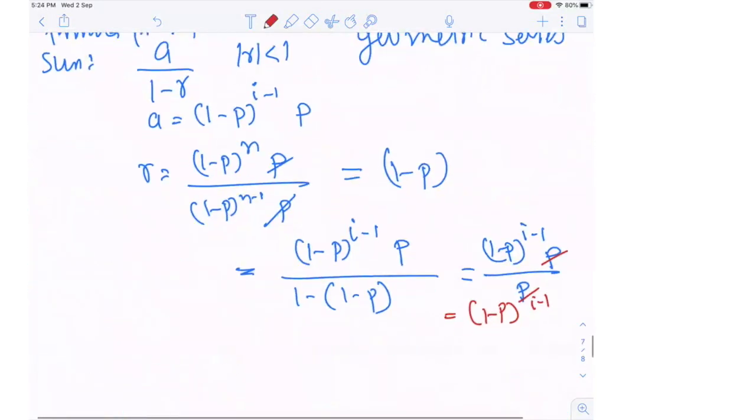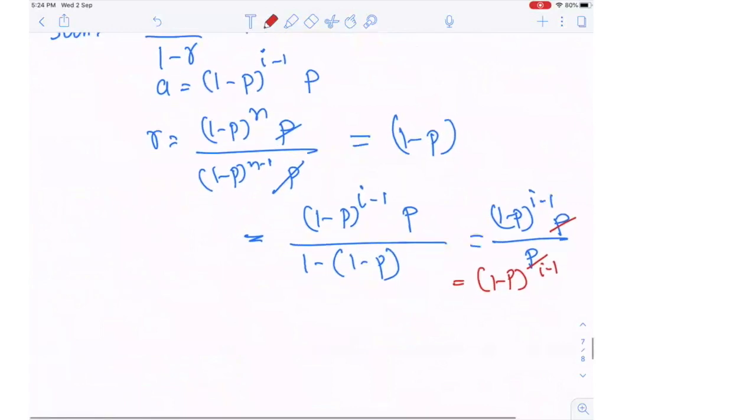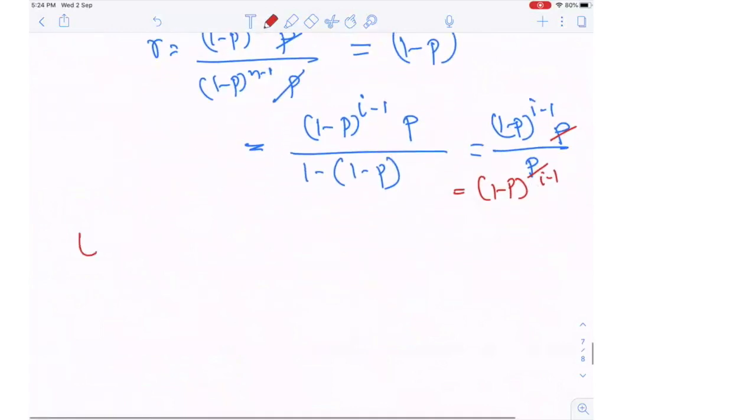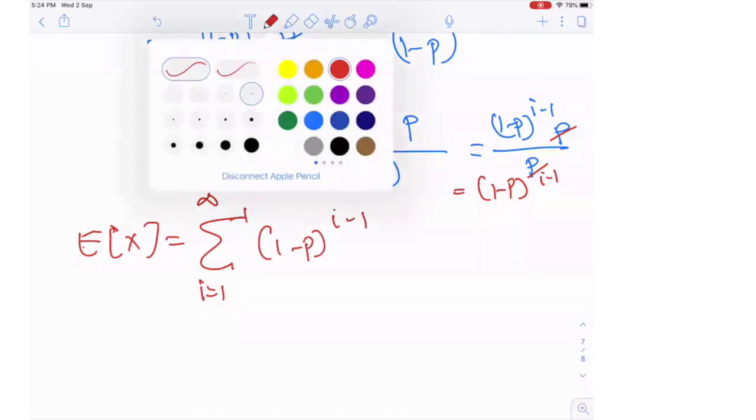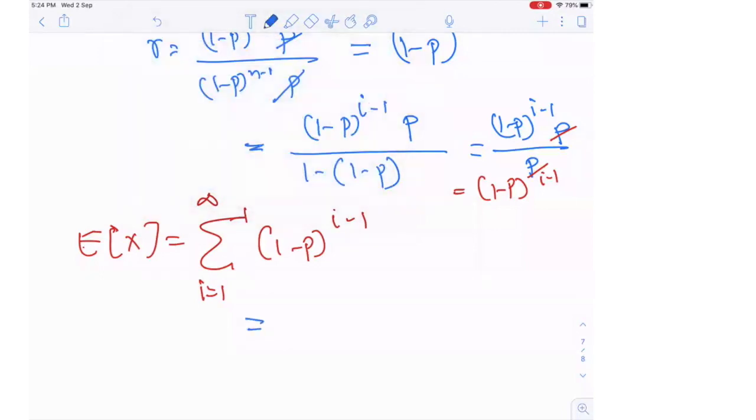But now, what are we interested in? We were interested in the expectation of x. So now we can compute the expectation of x as the summation over i going from 1 to infinity of (1 - p)^(i-1). This is another geometric series. You apply a over 1 minus r. What is my first term here?